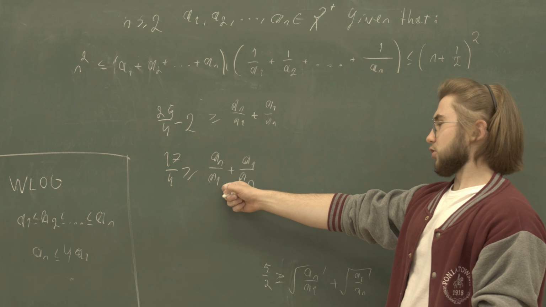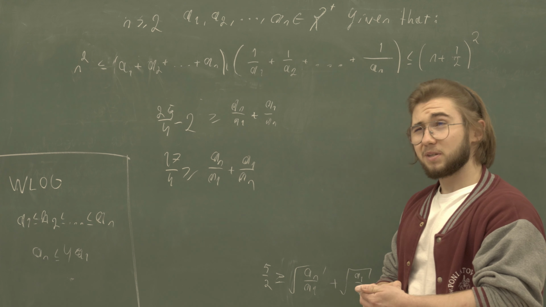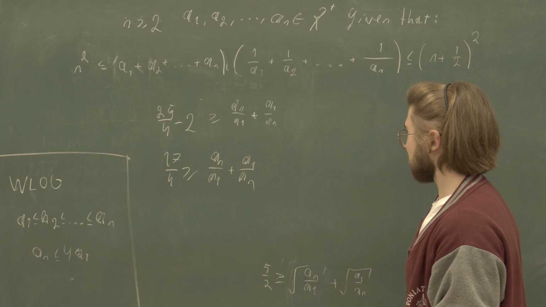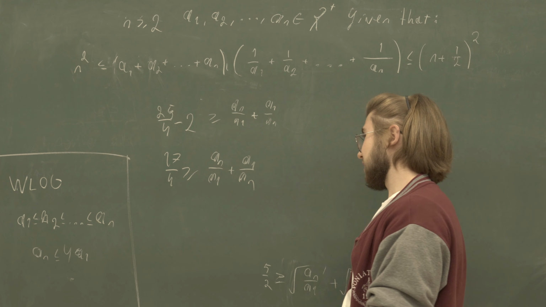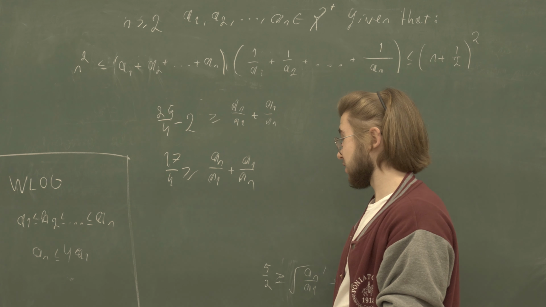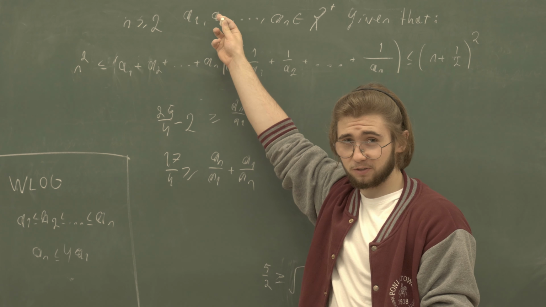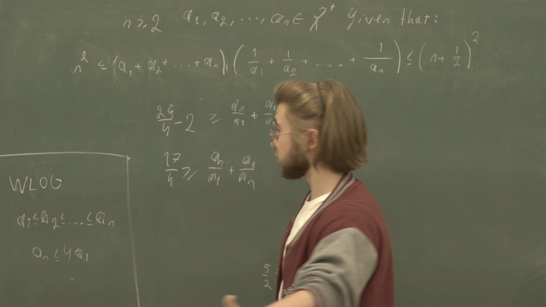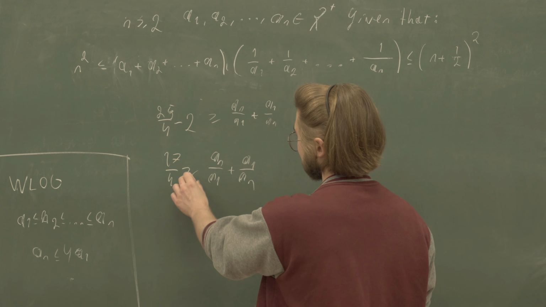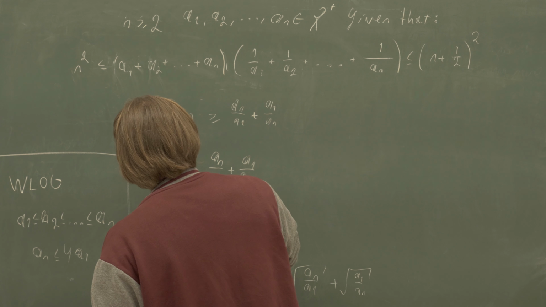Okay, so let's get those to a common denominator. There will be no problem in multiplying everything by a1 times an, because those are just two positive real numbers, so it will not flip this inequality sign by any means.